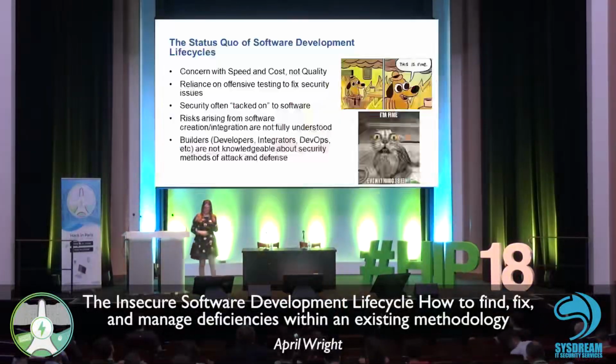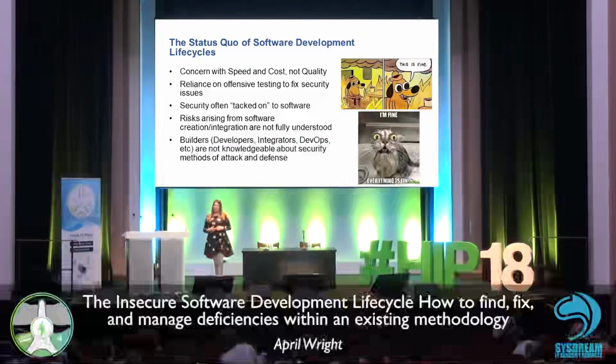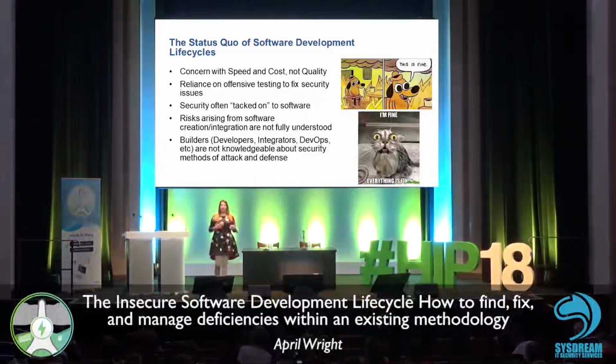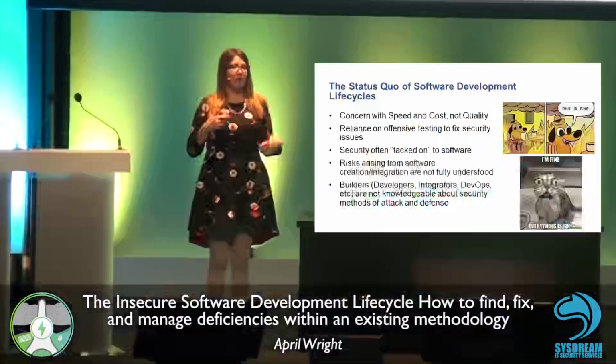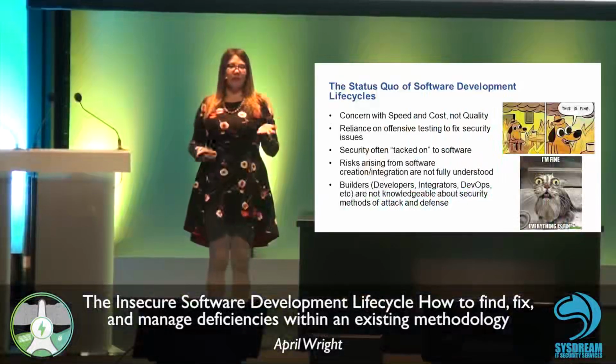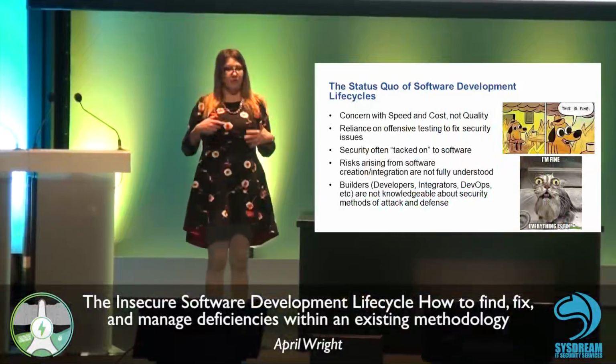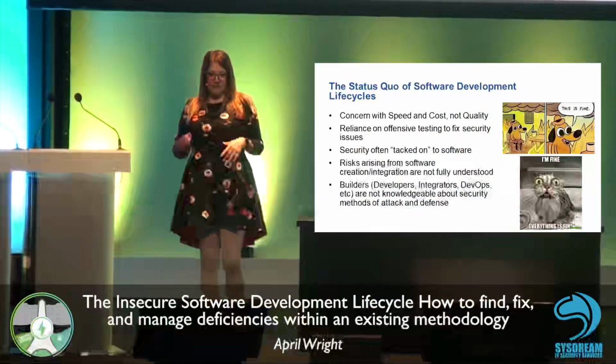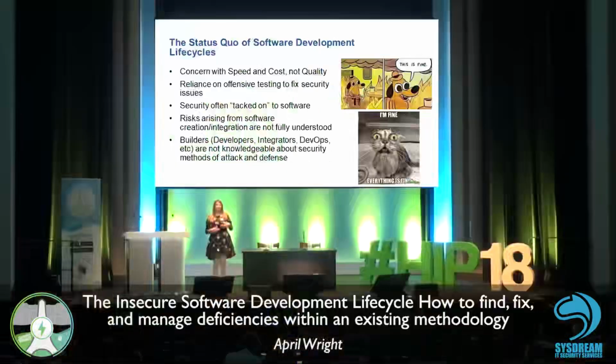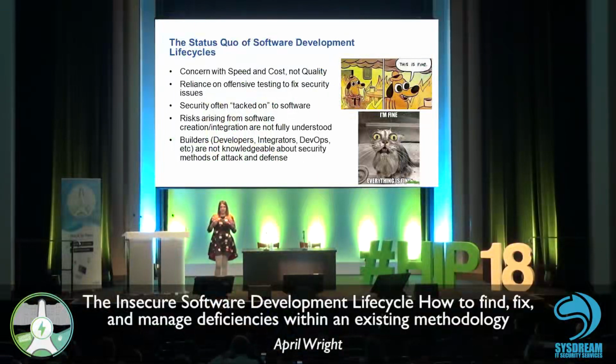So today, software is built extremely insecurely. Most of the concern with software is cost and time. They want to beat the competitors to market, and they want to do it as cheaply as possible. So we rely on offensive testing, which is red teaming, things like that, to find bugs after software is built rather than preventing them.